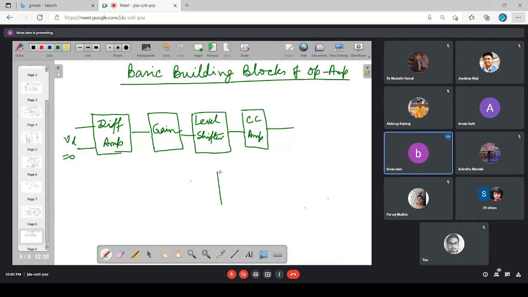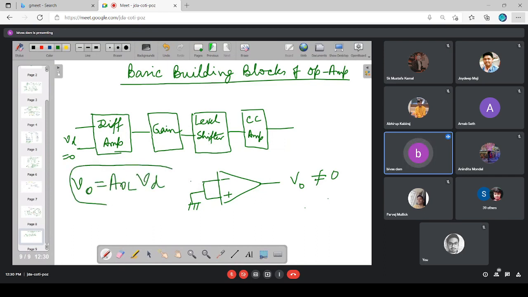That means this is the situation. But mathematically, I have V naught equal to AOL into VD. That is the relationship I have.